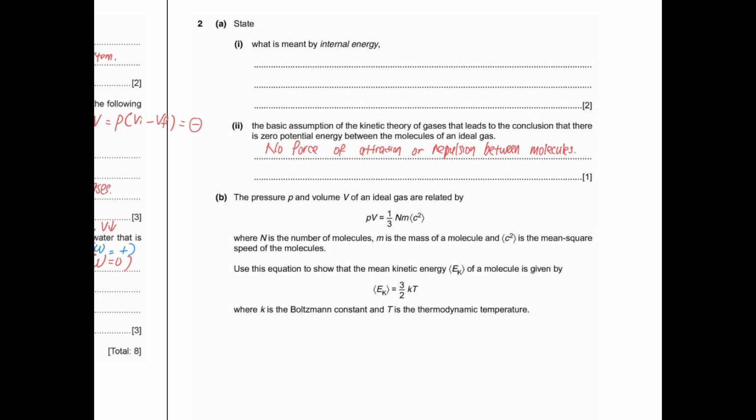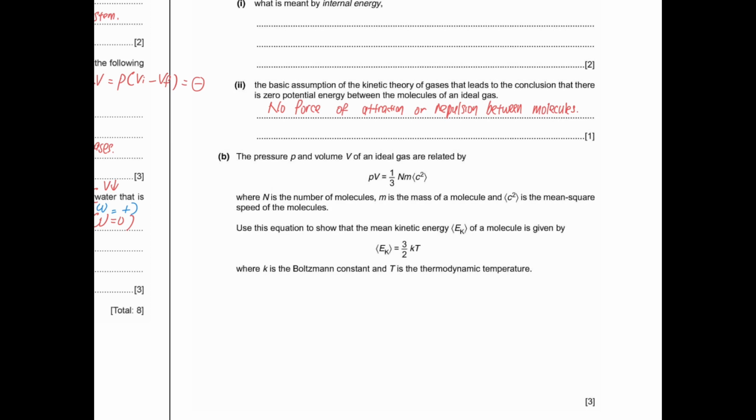Okay, part B. The pressure P and volume V of an ideal gas are related by PV equal to 1 over 3 Nm c square, where N is the number of molecules, m is the mass of a molecule, and c square is the mean square speed of the molecules. Using this equation, show that the mean kinetic energy Ek of a molecule is given by Ek equal to 3 over 2 kT, where k is the Boltzmann constant and T is the thermodynamic temperature.